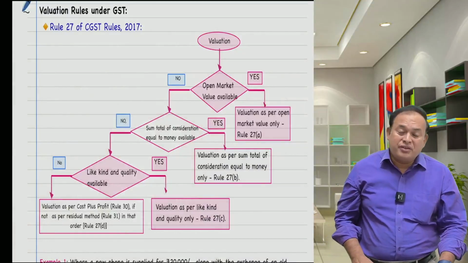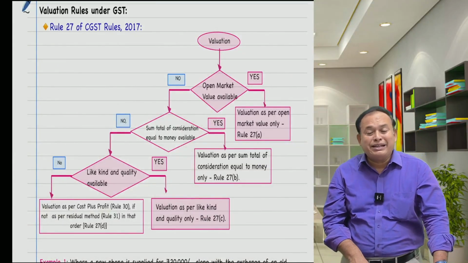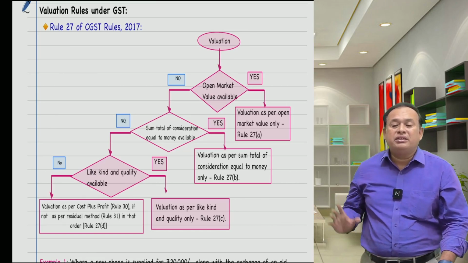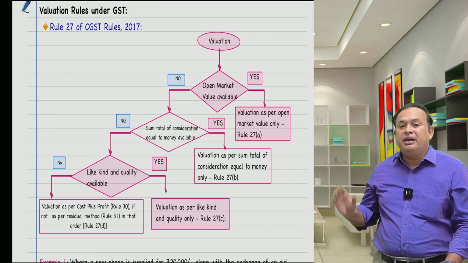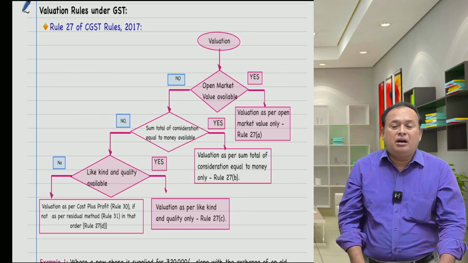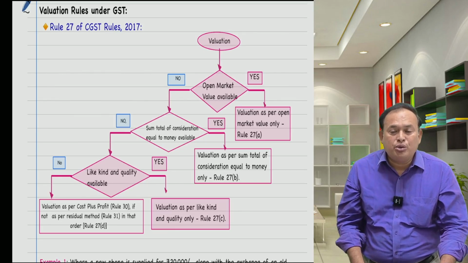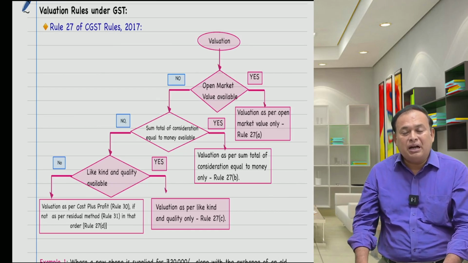The CBIC circular is available to department officers and industry. So, my dear friends, in the given case, rule 27 to rule 27A to 27D, read with rule 30 and 31, are a helping tool to derive the value and the valuations.